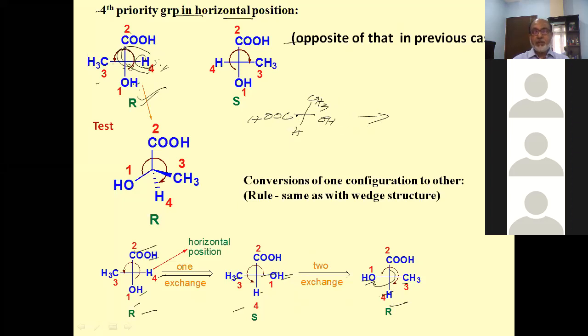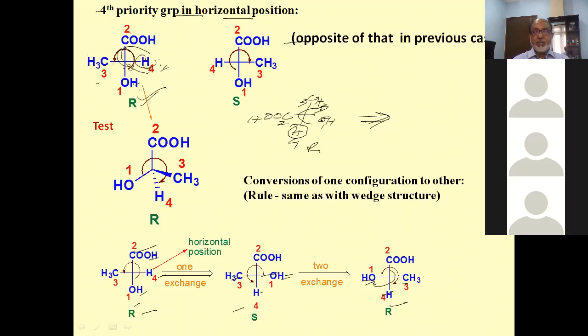Now, to get another equivalent structure of this one, what is the configuration of this? 1, 2, 3, 4. 1, 2, 3, 4 is what? R. So this is going to be R, and it will be R because your fourth priority group is at the vertical position. So this is R.